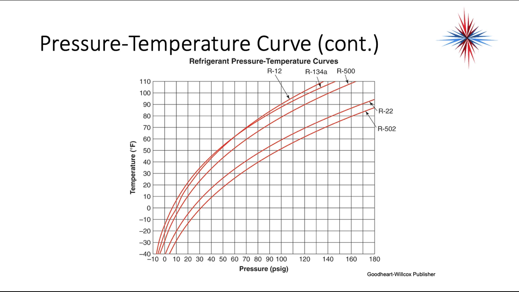We have a fixed volume of refrigerant in a system, so the volume doesn't change. Let's drop back to our gas laws. Volume doesn't change. If we increase the temperature, the pressure is going to change. If we know the temperature and pressure, we can tell what type of refrigerant is in the system. If we know the pressure and the refrigerant, I can tell what the temperature is of the saturation point.